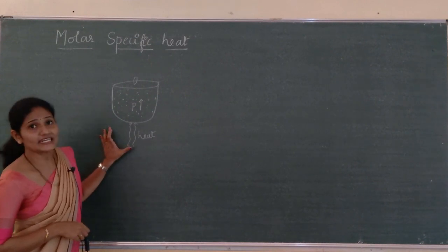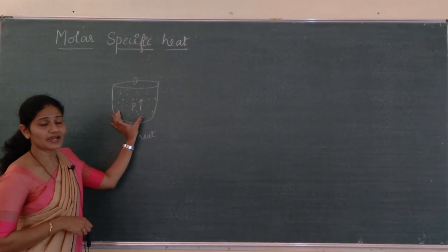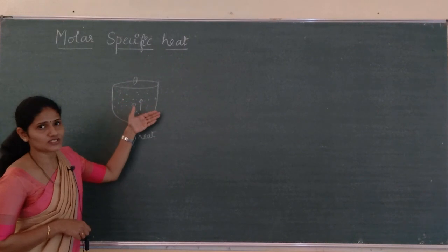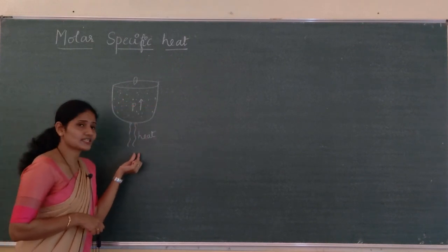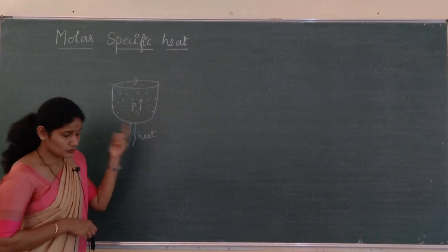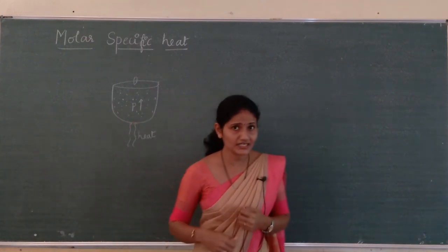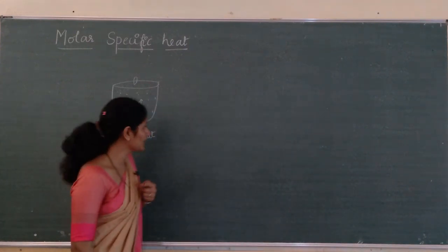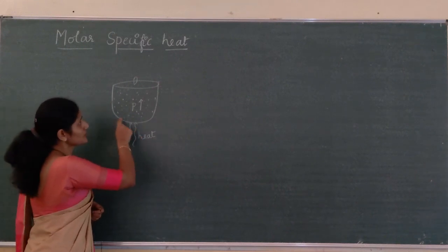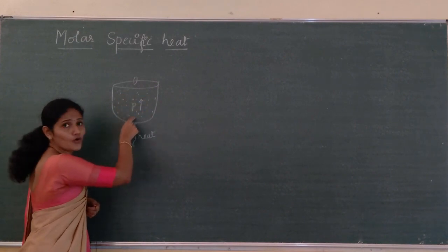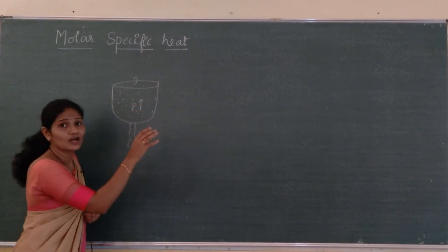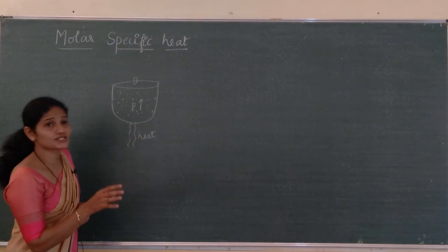So, we have to increase the temperature by 1 degree Celsius. To increase the temperature of the system by 1 degree Celsius, we are supplying a certain amount of heat. Pressure of the system changes. So, in molar specific heat capacity, we say that it is the amount of heat required to change the temperature of 1 mole of gas by 1 degree Celsius at constant volume.